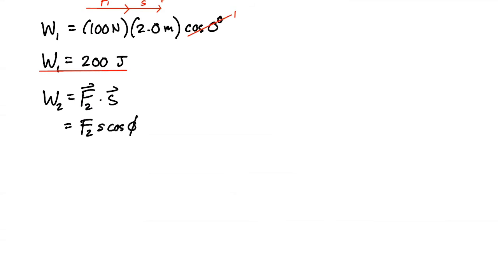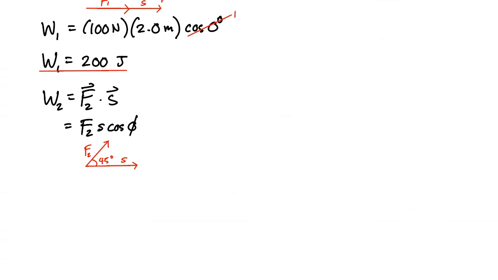Now, again, we want to know the value of phi. So, let's sketch our vectors. So, you have S. Then, your force is, again, angled 45 degrees from the x-axis. So, it is clear from our sketch that the angle between them is 45 degrees. So, the value of phi is 45 degrees.